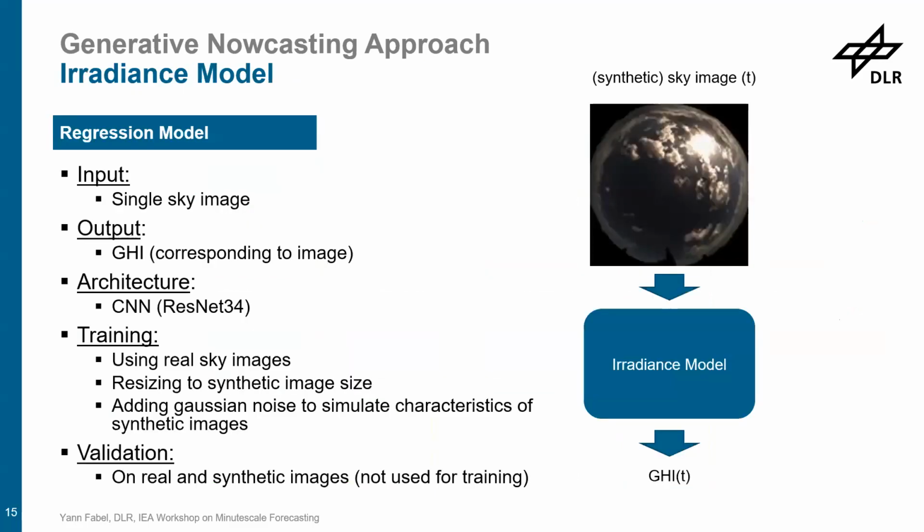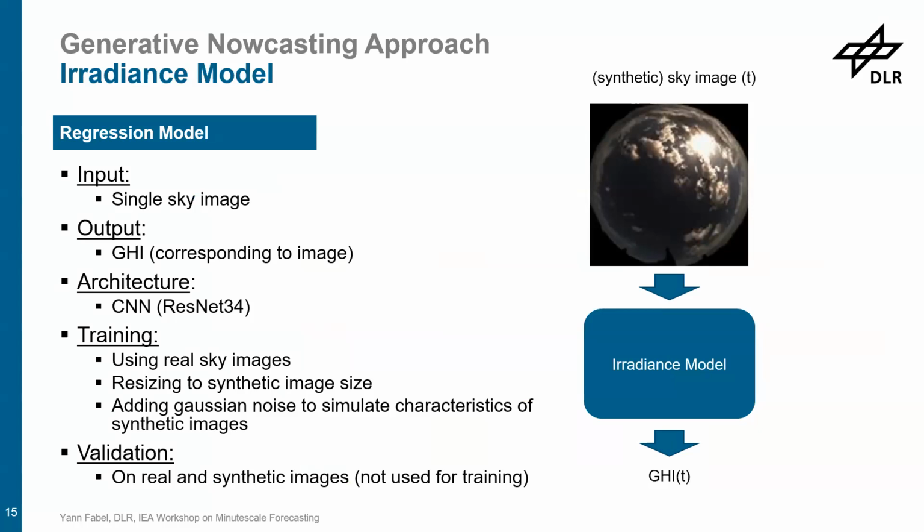And then coming to the next model, which is the irradiance model, the second step of the generative nowcasting approach. Here we have a simple approach right now. These are more or less all preliminary results. At this stage, we are using just a simple regression model using a CNN architecture.